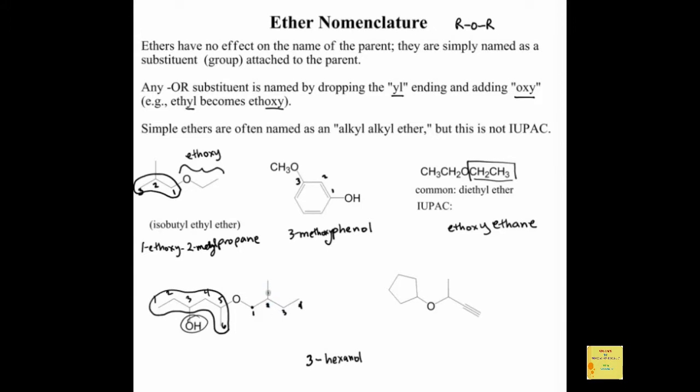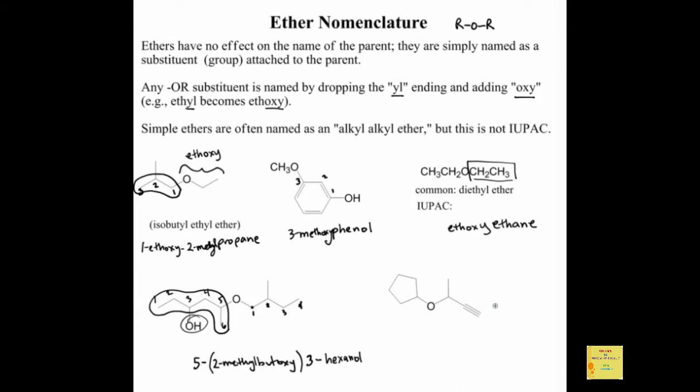It's got a 2-methyl, so it would be called 2-methylbutyl, but it's not a 2-methylbutyl because we also have this oxygen. So it's going to be called 2-methylbutoxy. It's a 2-methylbutoxy group. So without this, it would just be a butoxy, but now we have a 2-methylbutoxy. We put that all in parentheses, and where is that entire group attached to the parent? To carbon 5. Step by step, we'll build up these names.